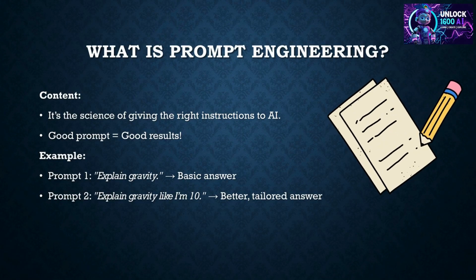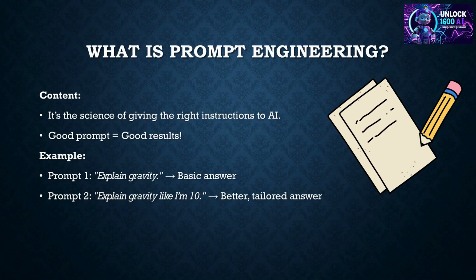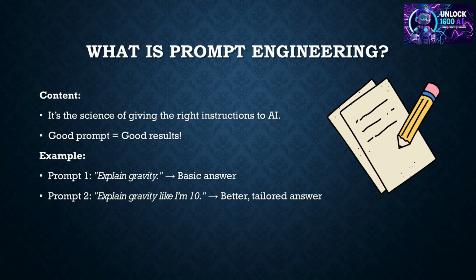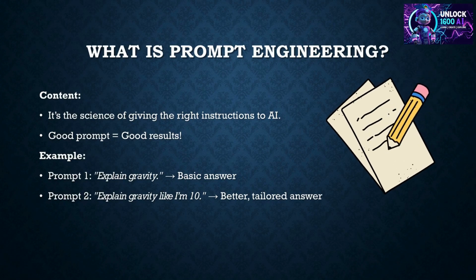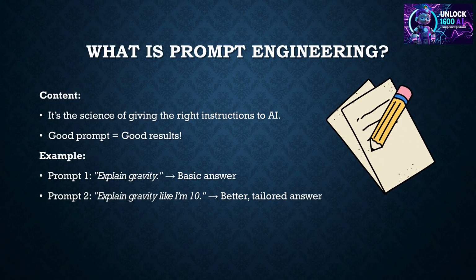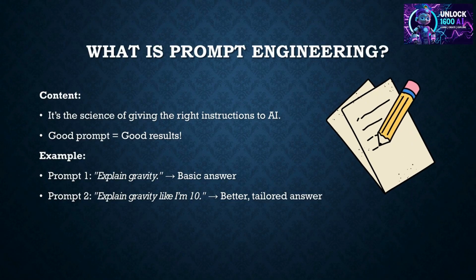But if you write something more specific, like "explain gravity like I'm 10", it will provide a better, tailored answer that is easier to understand. It will understand that a 10-year-old kid is reading this prompt, so it will provide a simple example and simple content.